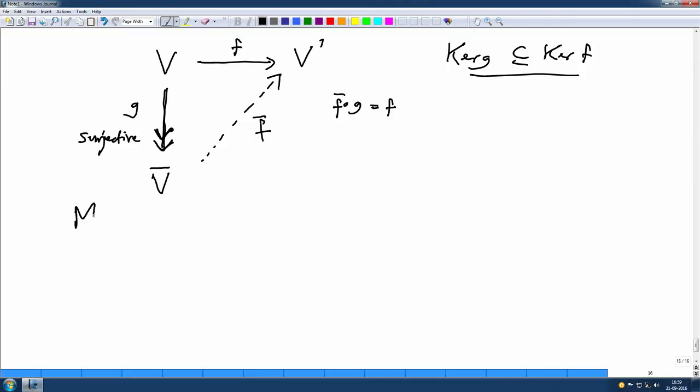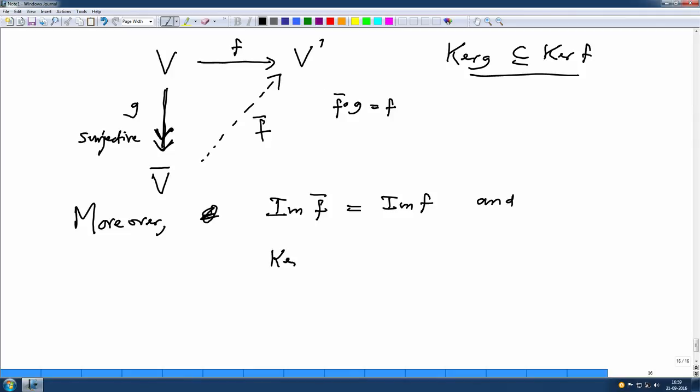But now I am adding something more to this. So, moreover, the image of this new map is same as image of f. Image of f bar is image of f. And what is the kernel of the new map?